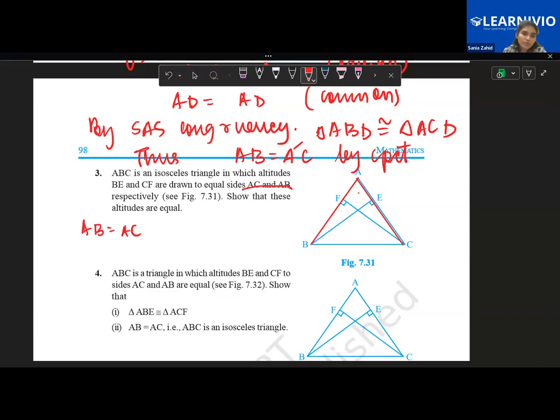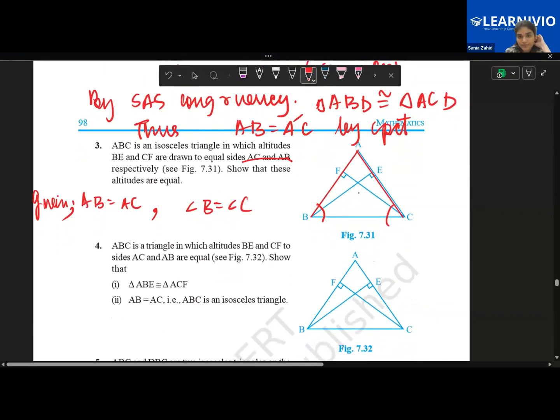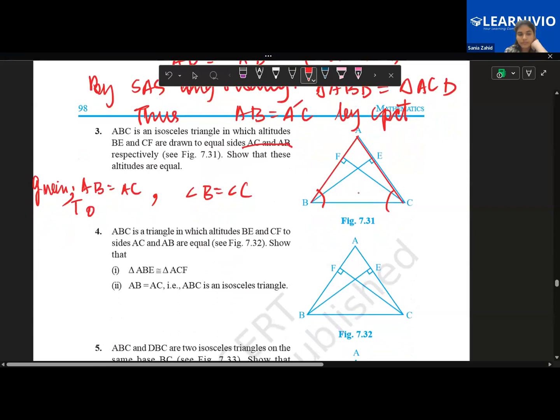This is given, and also angle B is equal to angle C. This is also given. And now you have to prove that BE is equal to CF.